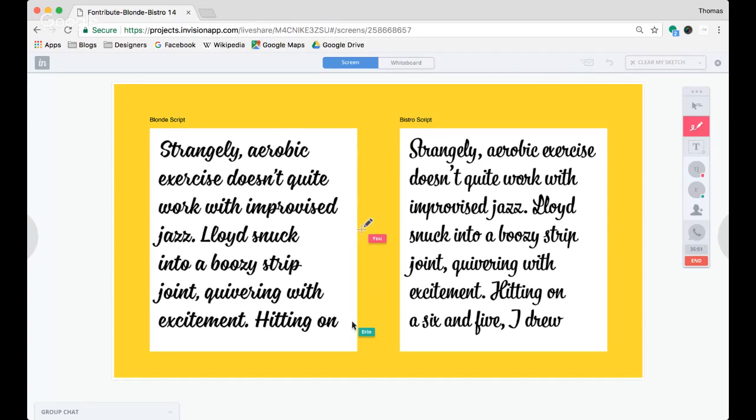Yeah, let's step back a little bit. What are we observing? Blonde seems okay. I definitely see the angle. It feels more consistent overall. The positive and negative shapes, I think, are working a lot better in Blonde Script. That's my take.